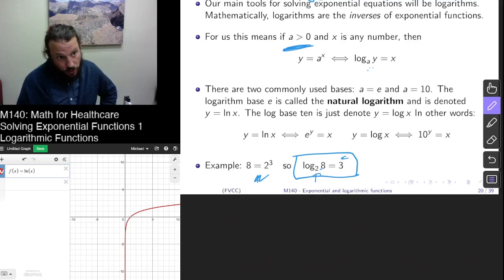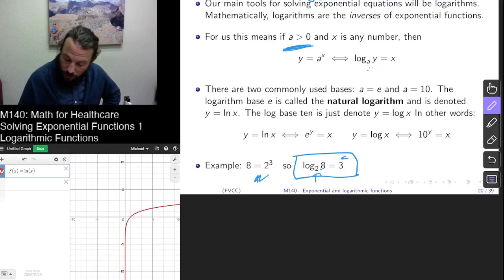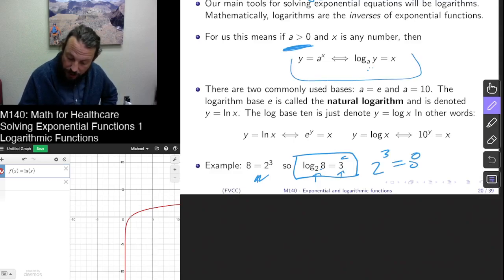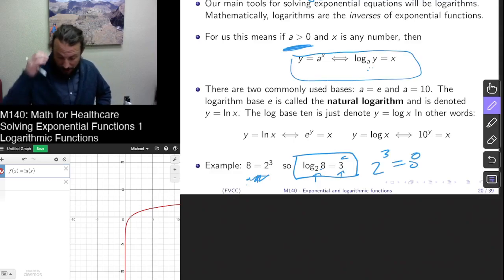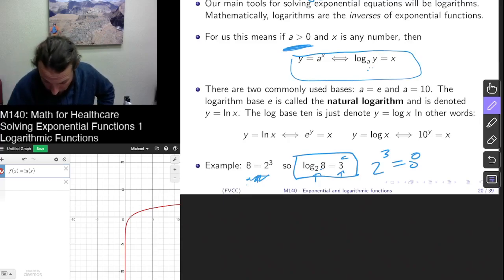Which is a little confusing, I know. So a better way to think about it is, the exponential form is your base 2 raised to the right side 3 equals 8. And that is exactly what this is saying, and we see that matches up over here.